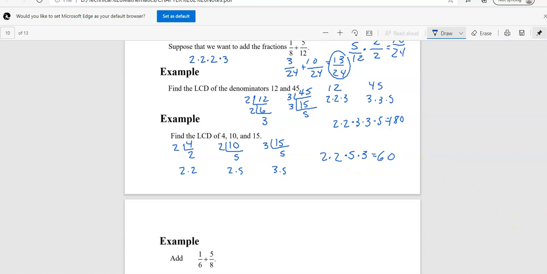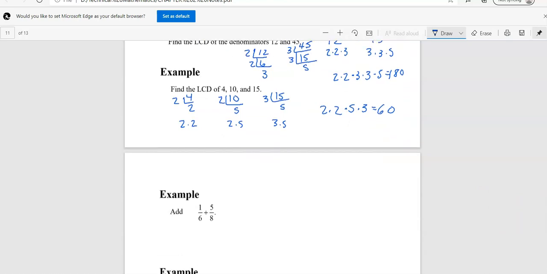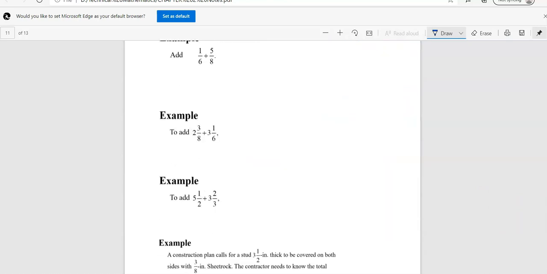Okay, now let's use this when we're trying to add numbers that don't have common denominators. Okay, I've got 2 and 3/8 plus 3 and 1/6. Well, the first thing I'm going to do is change these so that they are improper fractions, so it's a little bit easier for me to work with. You don't have to do that, but that'll get you the whole answer in the end the right way.